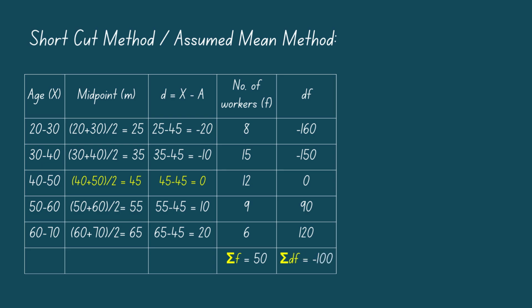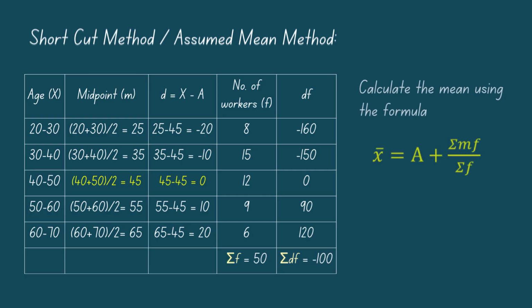Now remember the formula to calculate mean when we are using assumed mean method. X bar is equal to A plus sigma DF whole divided by sigma F. So we have X bar is equal to 45 plus within brackets minus 100 divided by 50.